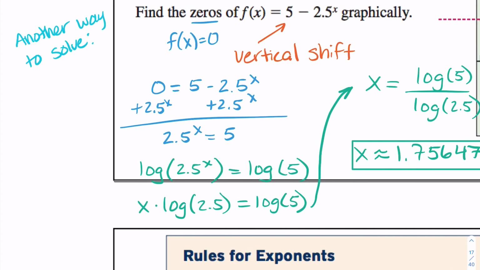When you had 2.5 to the x equals 5, what you could have done was use log base 2.5. You could have taken log base 2.5 of both sides. What it does is it kind of saves a step.